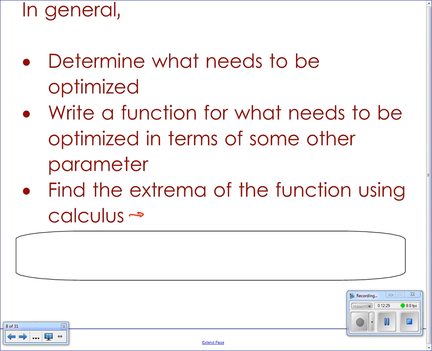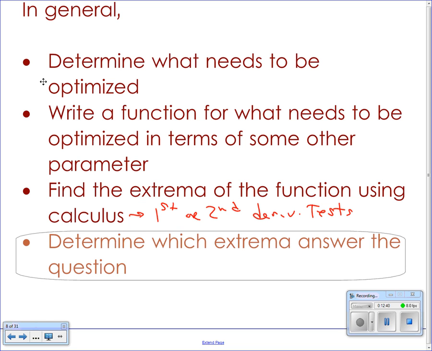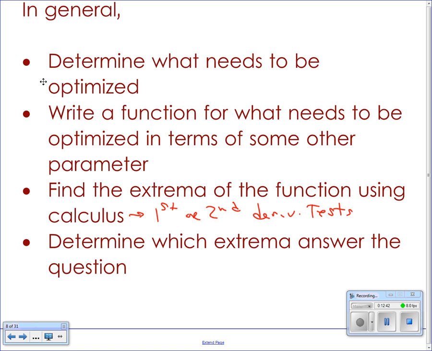So this would be using the first or second derivative test. And then determine which extrema answers the question. If you get multiple critical points, you've got to decide which one is the answer to the particular question.